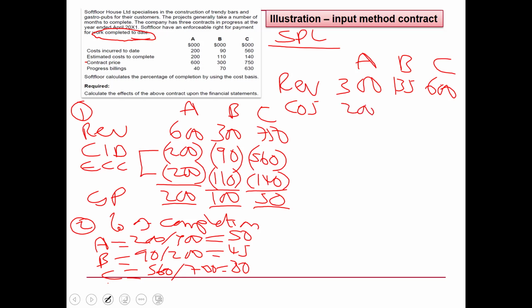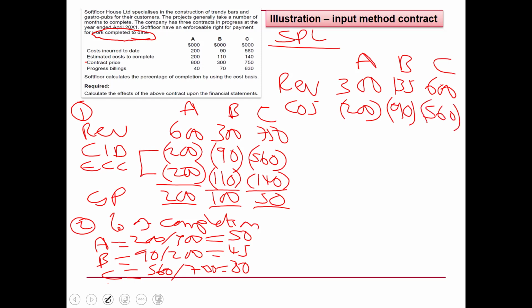So 200 is the cost of sales for project A. For project B, we simply say 110 plus 90, that gives us 200. 45% of 200, that is 90. All right. Then 560 plus 140, then the total of that multiplied by 80% gives us 560.